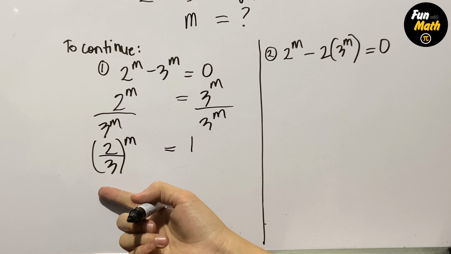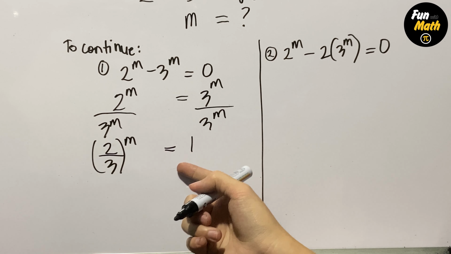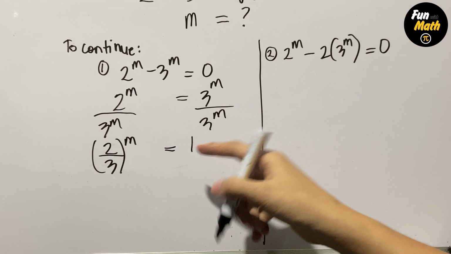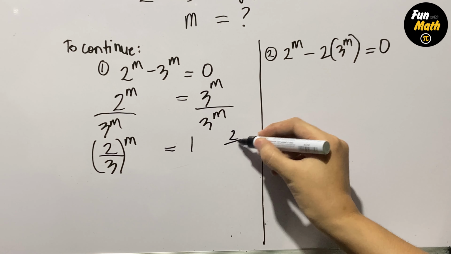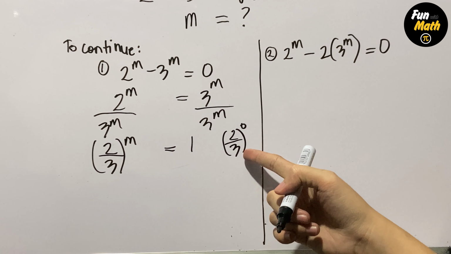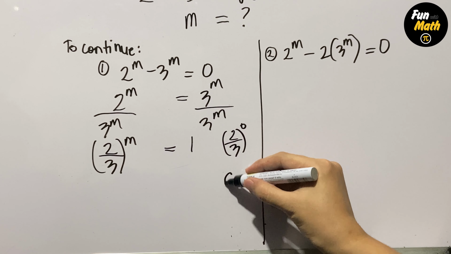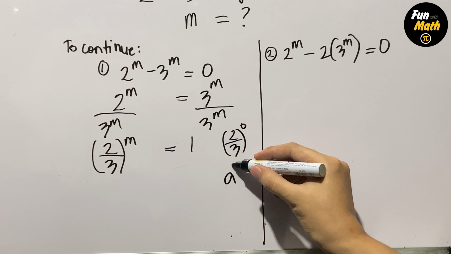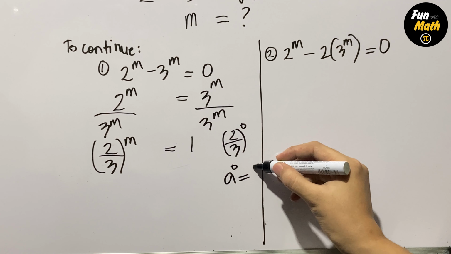And for this, if you observe, they have different bases. For 1, we can write it as (2 over 3) to the power of 0. According to the rule, any number to the power of 0 is always equal to 1.